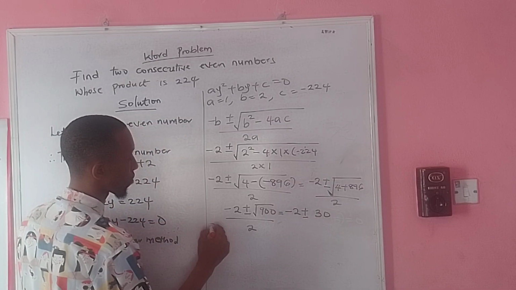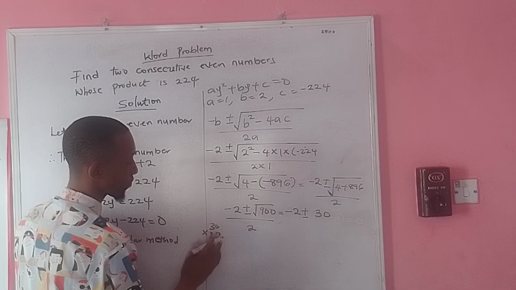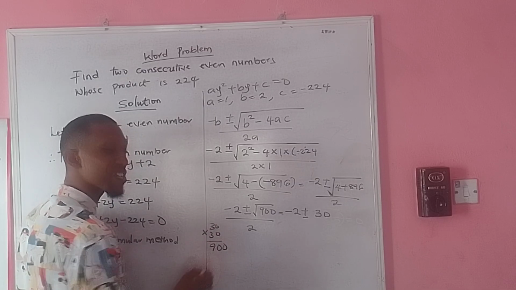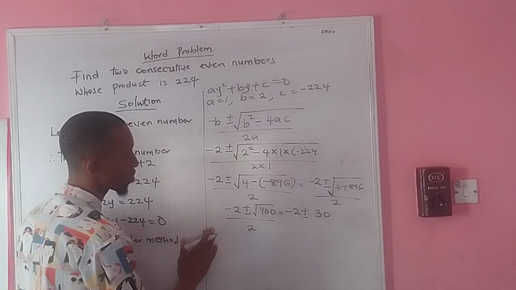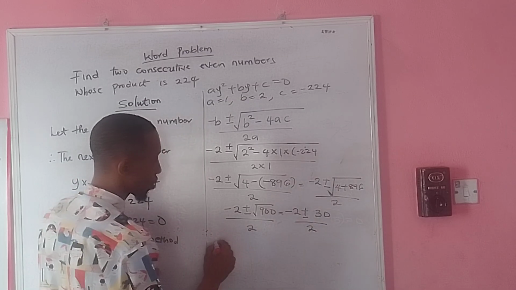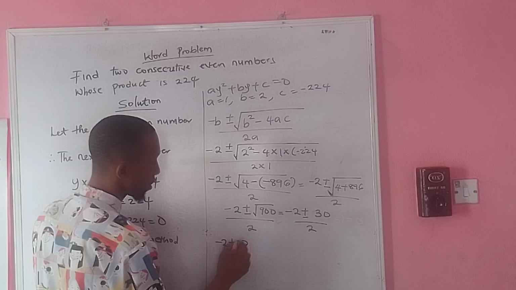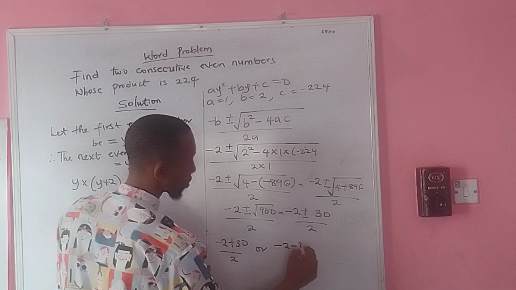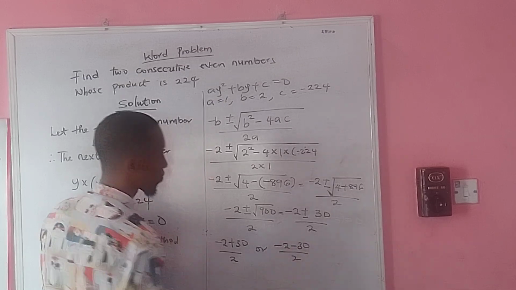Let's see. 3 times 3 is 9. How many zeros do we have? 2. That's a very fast way of getting it. So 900 all over 2. So I have minus 2 plus 30 all over 2, or minus 2 minus 30 all over 2.